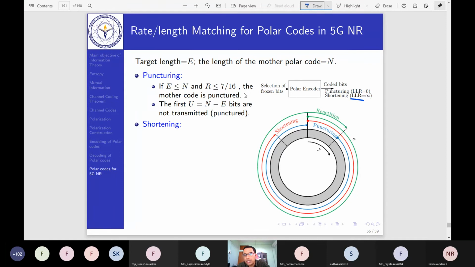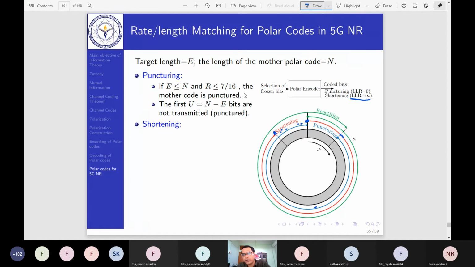Shortening is somewhat different. Shortening is equivalent to putting the LLR equal to infinity. In shortening, the red line goes like this. We do not transmit the last N minus E bits; we transmit the known values of the last N minus E bits. These are known to the receiver.